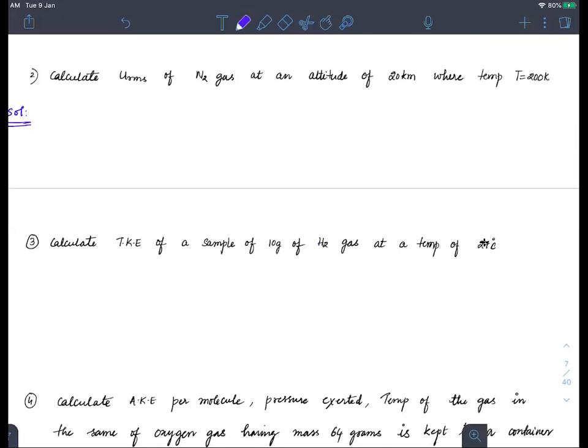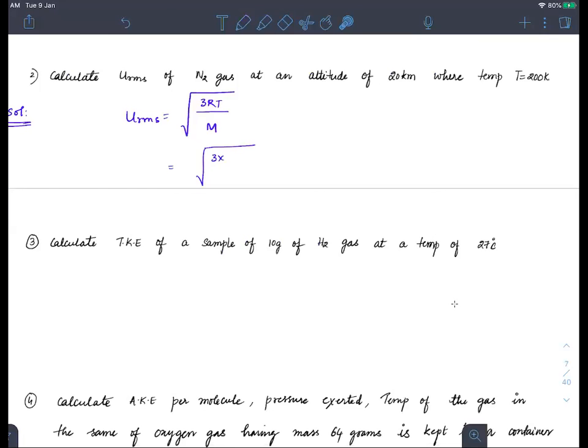units carefully. Calculate the URMS of N2 gas at an altitude of 20 kilometers where the temperature is 200. Basically here the importance is only about temperature, because you know that URMS is equal to under root of 3 RT by M. While doing it, just check out the units carefully.